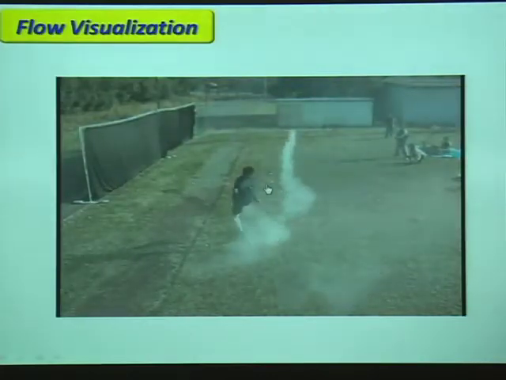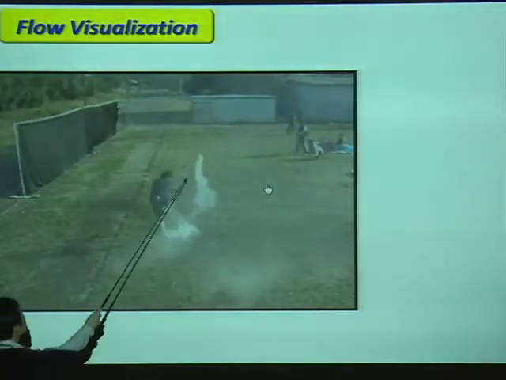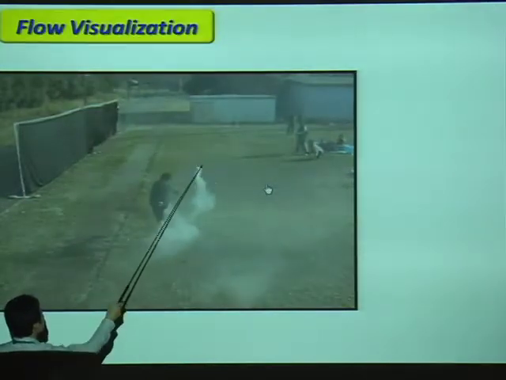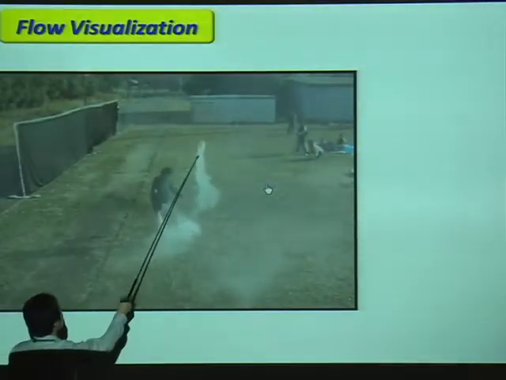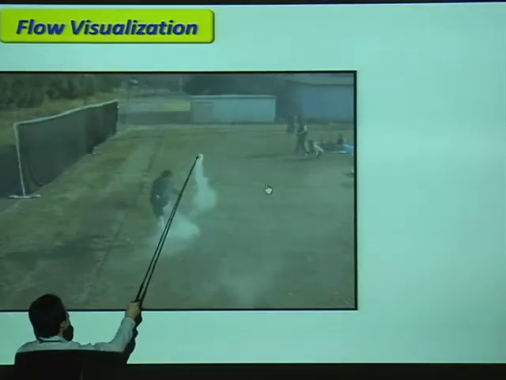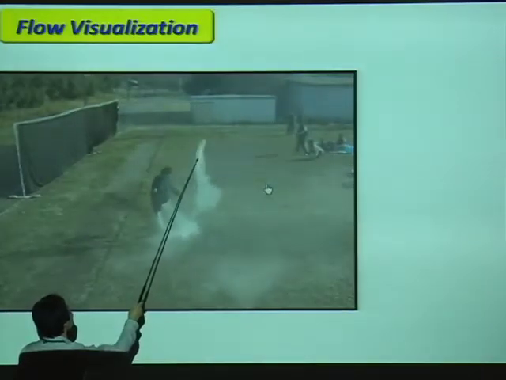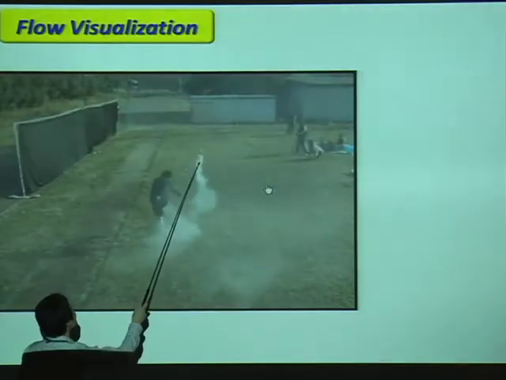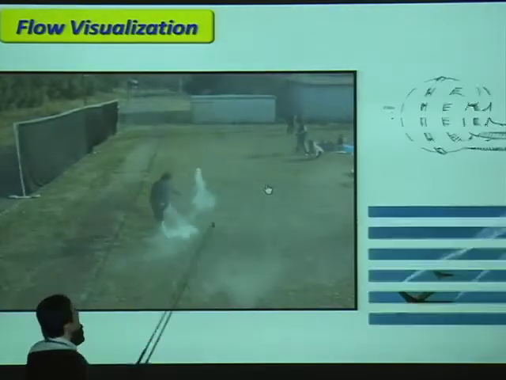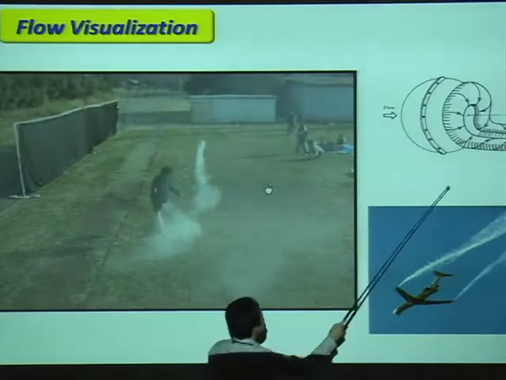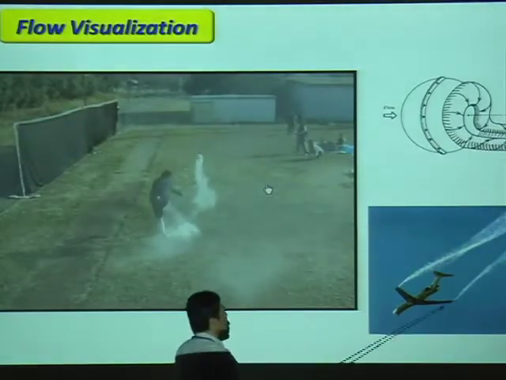And from my point of view, please take a look around here. We can see two lines around here. I believe we are watching this kind of a pair of vortices.